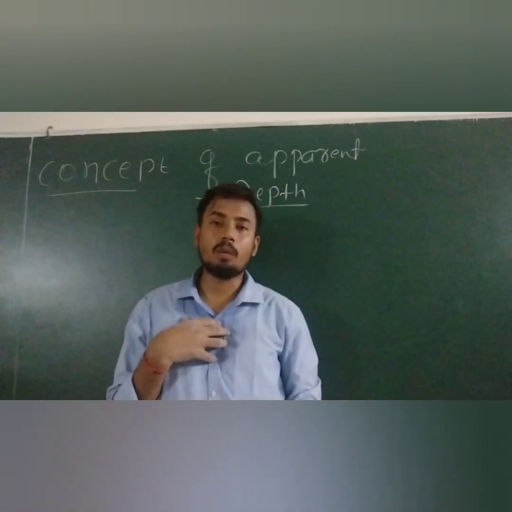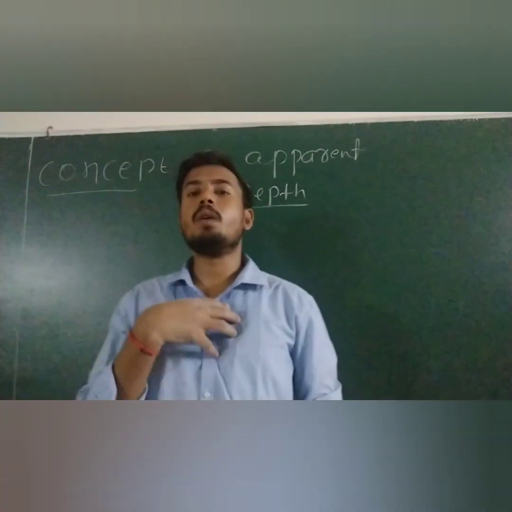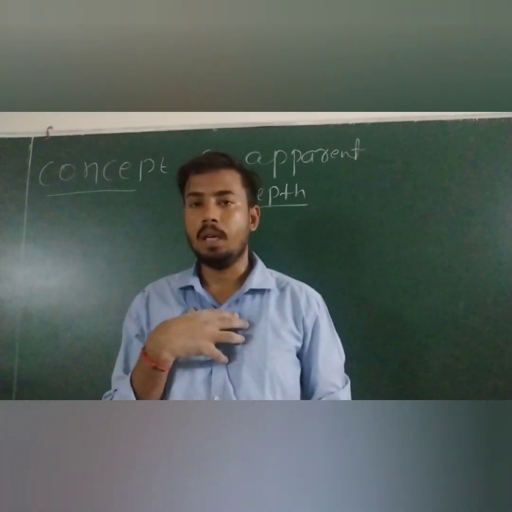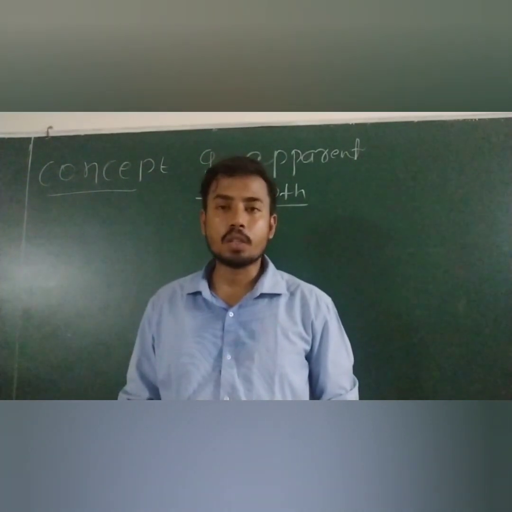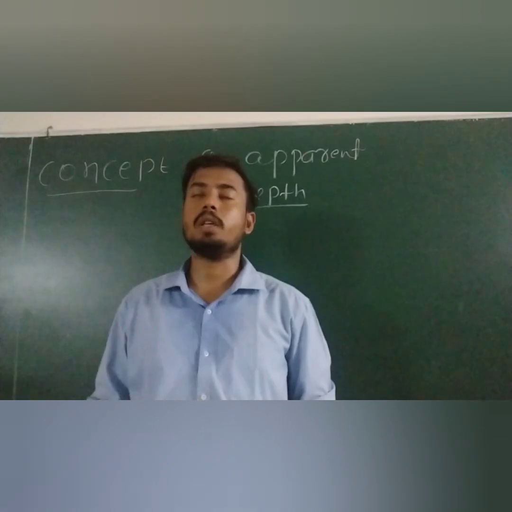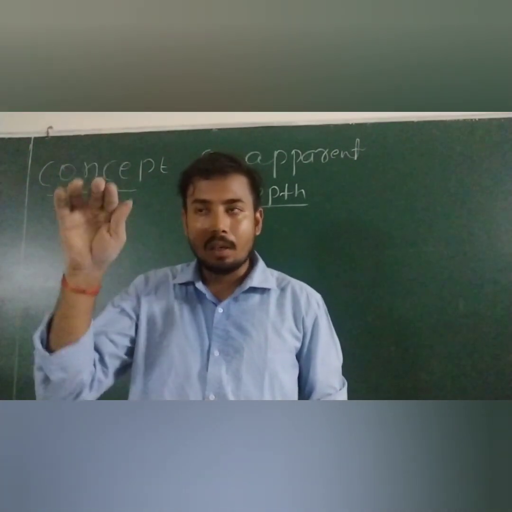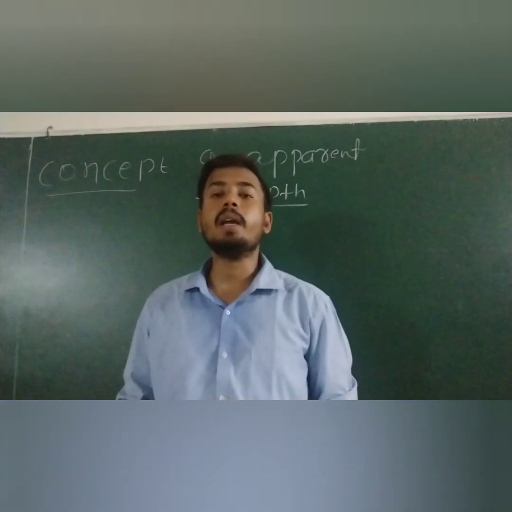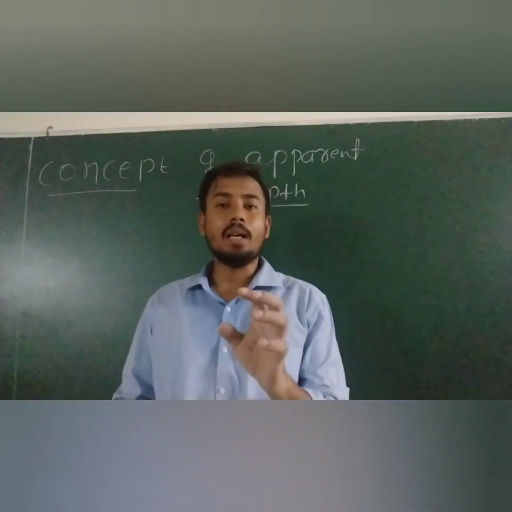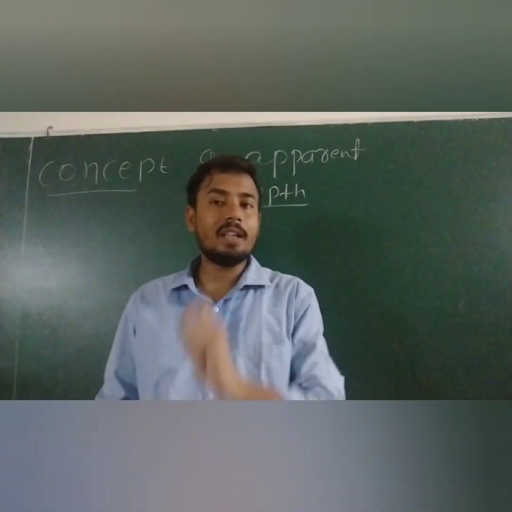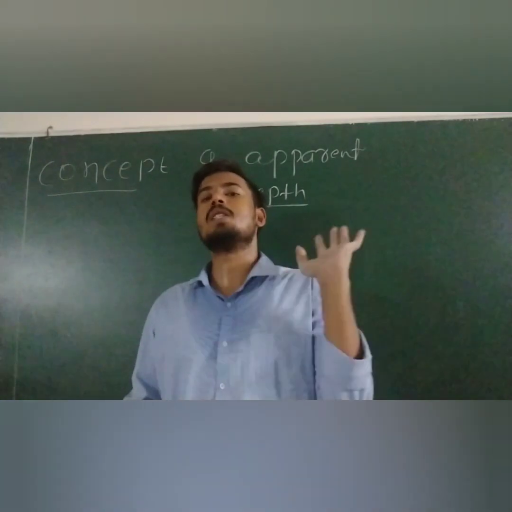So this is not my weight, basically this is my mass. So my weight becomes what? 600 Newton. Suppose the lift is going up, so definitely my weight should be increased. If the lift is coming down, then my weight should be decreased. So the thing is that in reality my weight decreases or increases, but my mass remains the same.